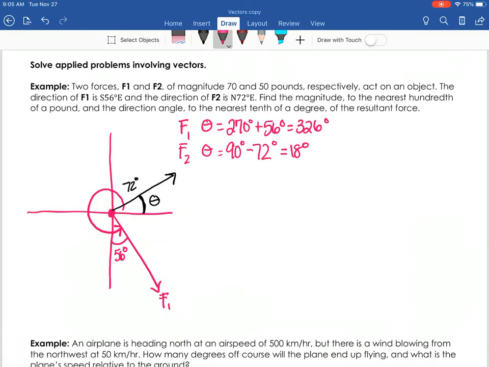Now, it says the magnitudes are 70 and 50 pounds respectively. So the magnitude of force 1 is 70. The magnitude of force 2 is 50.